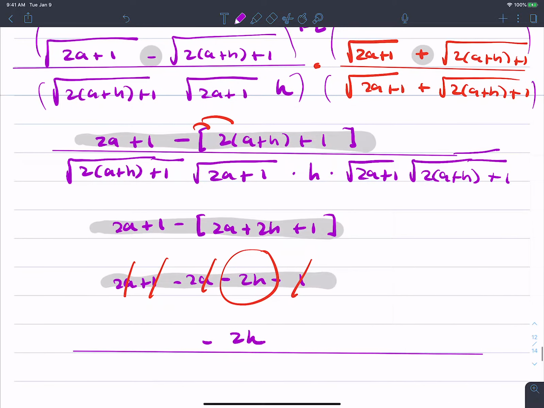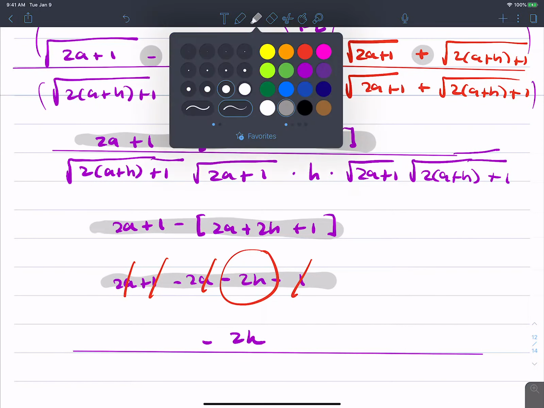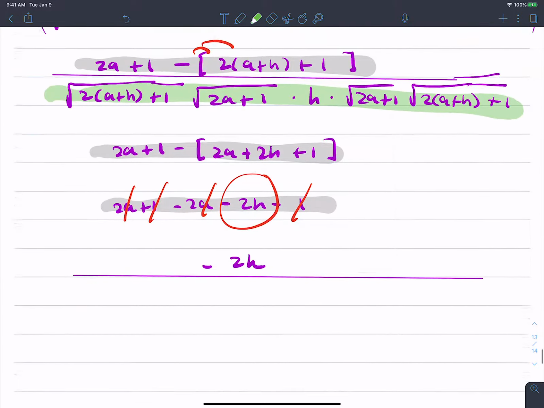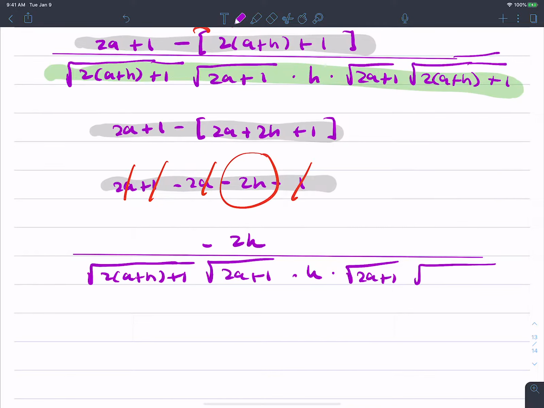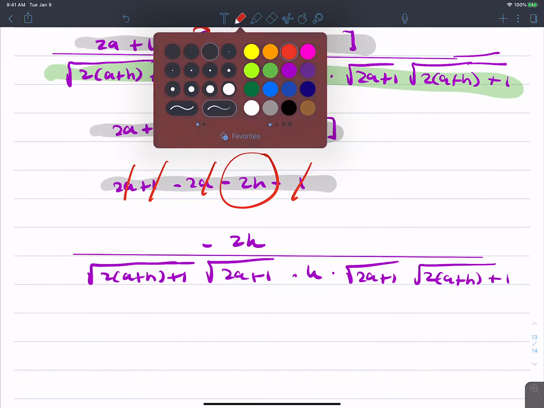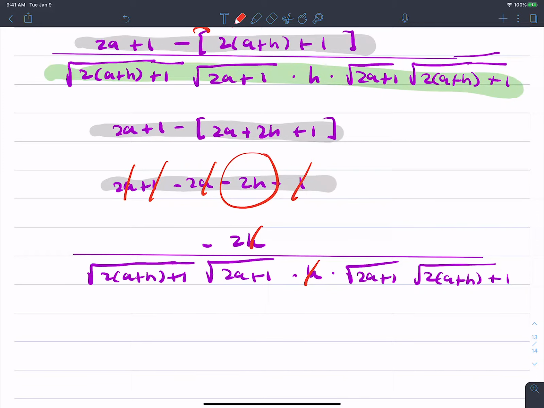We're now going to write down this whole big denominator. I'm going to change the color. And you get the square root of 2a plus h plus 1, square root of 2a plus 1, times that h, times the square root of 2a plus 1, square root of 2a plus h plus 1. And then, ladies and gentlemen, the h's cancel. Sure enough, if you did the algebra correctly, your h's will go away.